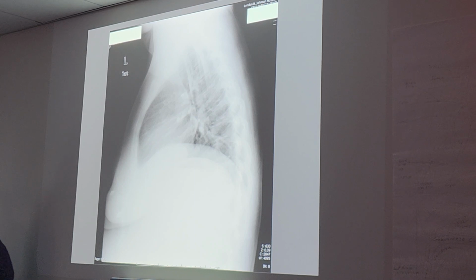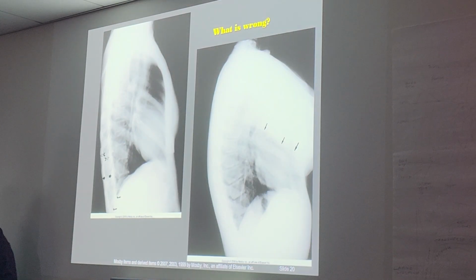All right, and last one. Another one. Who found these images? Monty, I know you know the answers. Well, there's no marker. There's rotation because of the posterior ribs.